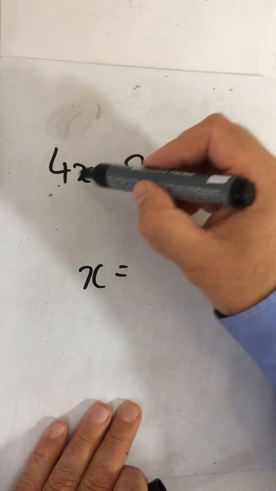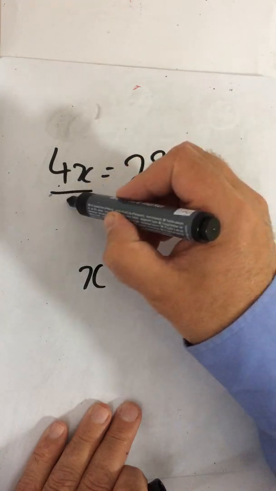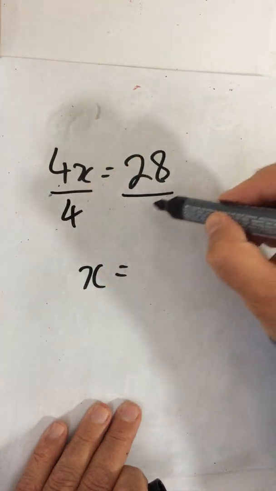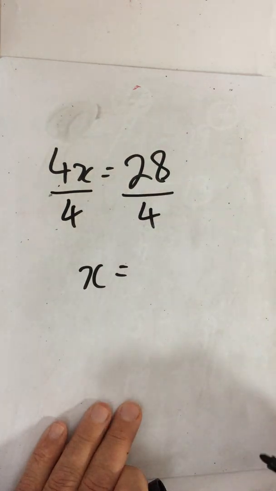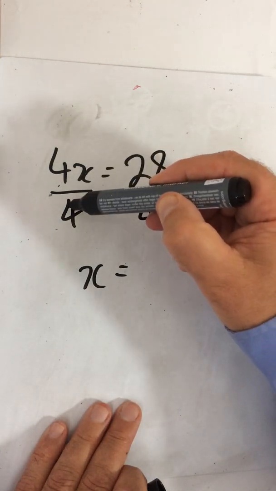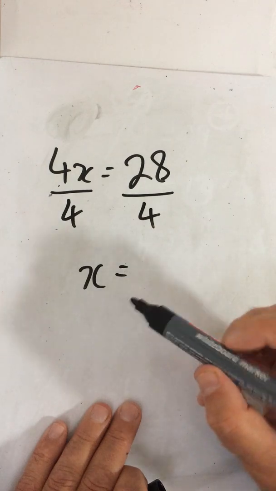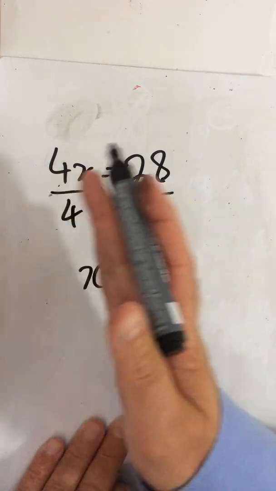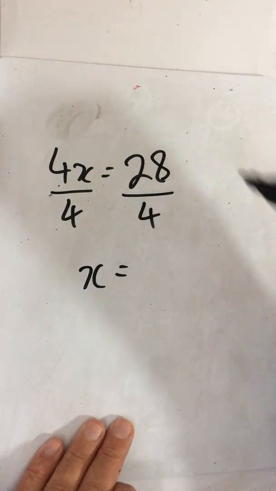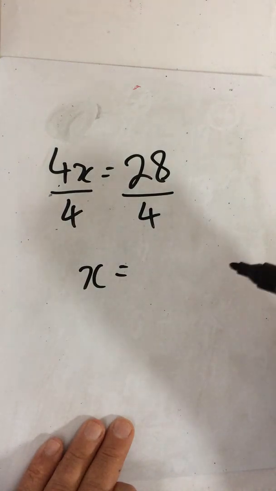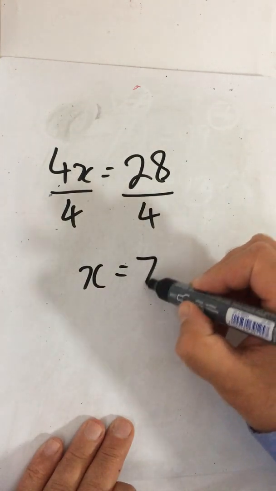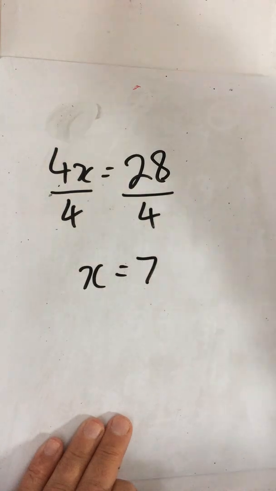The opposite of timesing is dividing. So I'm going to divide this by 4. It's called the balancing method, so I have to divide the other side by 4 as well. 4x divided by 4 leaves me with x. How many 4s in 28? That would be 7. x equals 7.